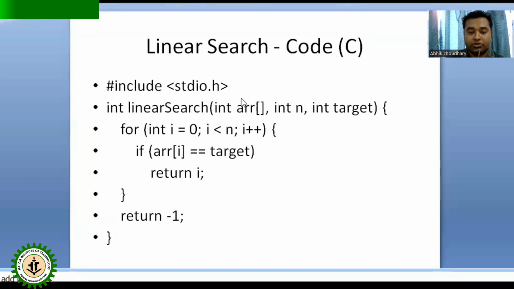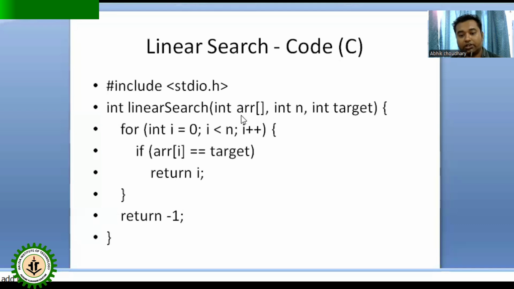This is the very simple algorithm for linear search. We have to declare one function named linearSearch, which returns integer type data, and we have to pass 3 arguments in the linear search function. It is a user defined function. You know very well what a function is and how it is declared.